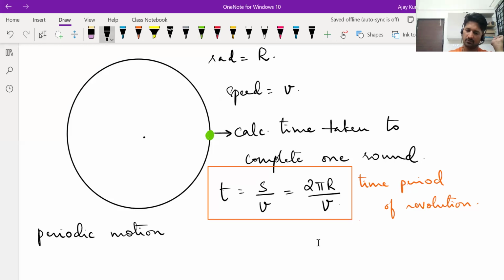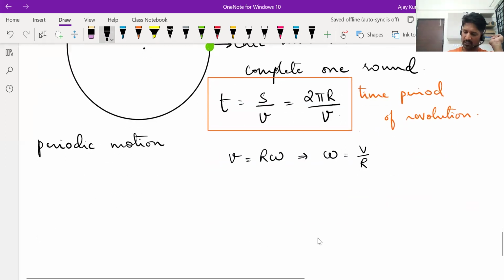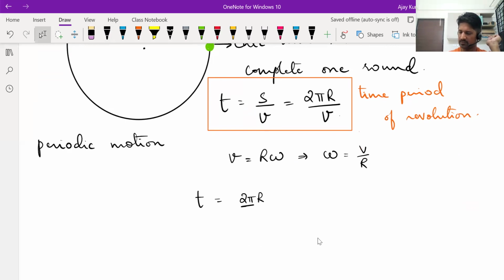Now we know v is equal to r omega. That means omega is equal to v by r. Therefore, this same time period T, which is equal to 2 pi r by v, can be written as 2 pi. V by r is omega, then r by v will be 1 by omega. So you can write it as 2 pi by omega.